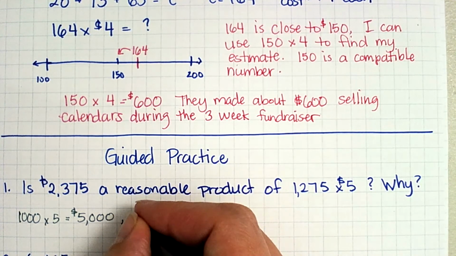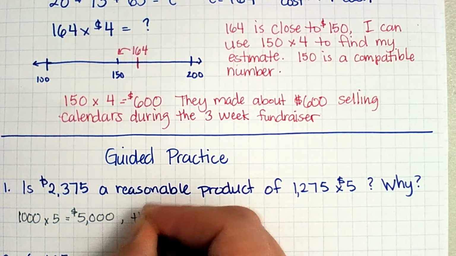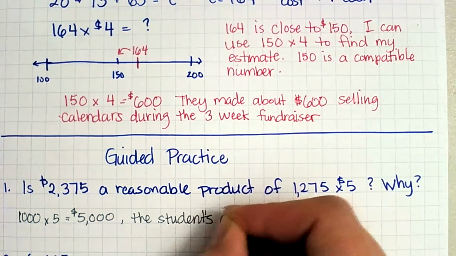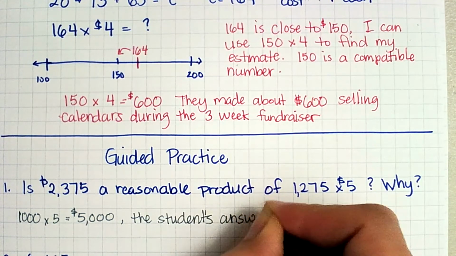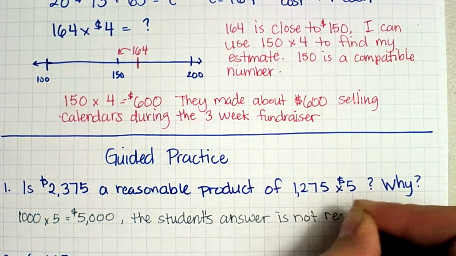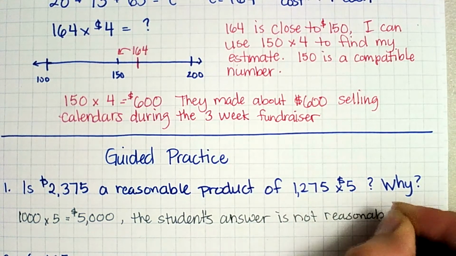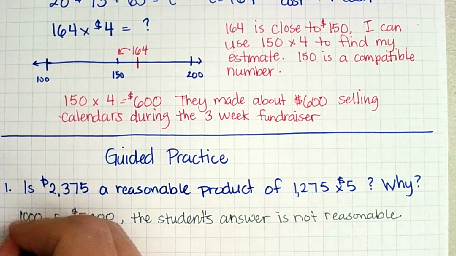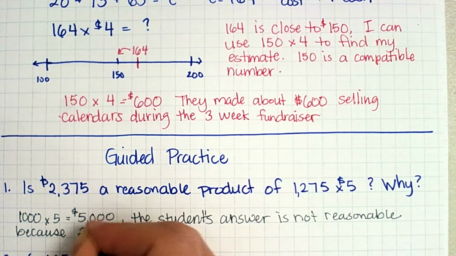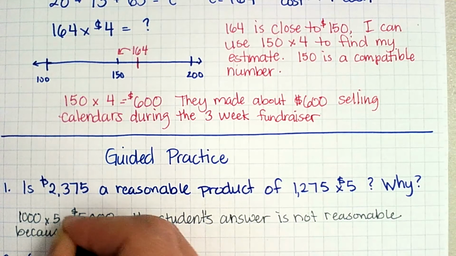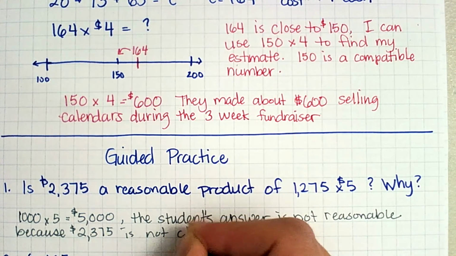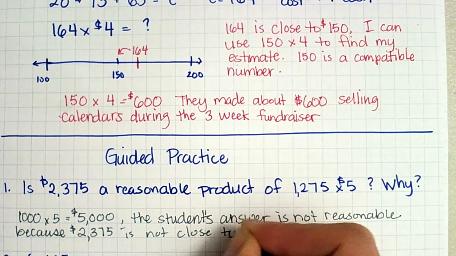So we can say the student's answer is not reasonable because 2,375 is not close to 5,000.